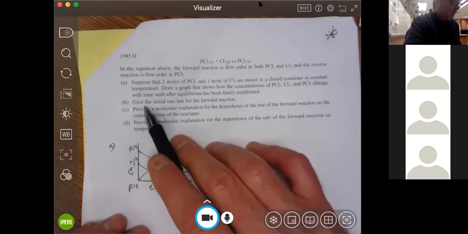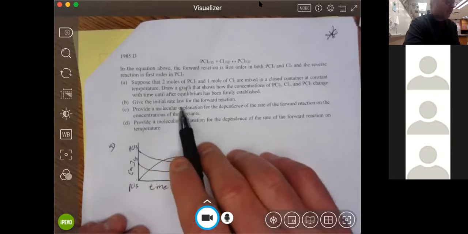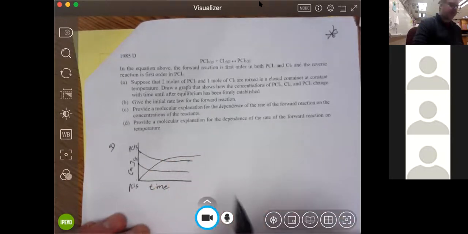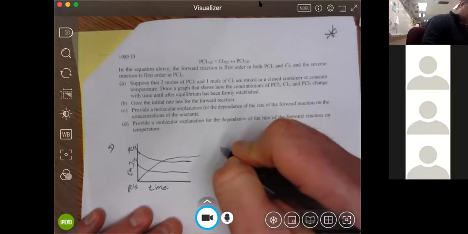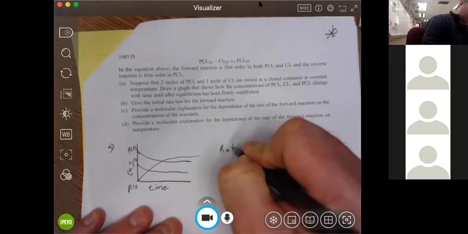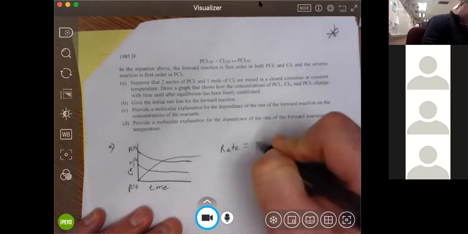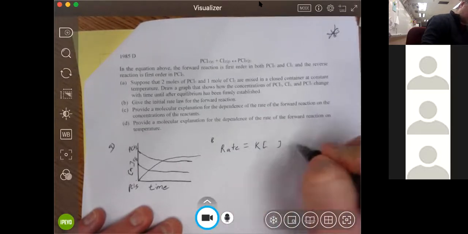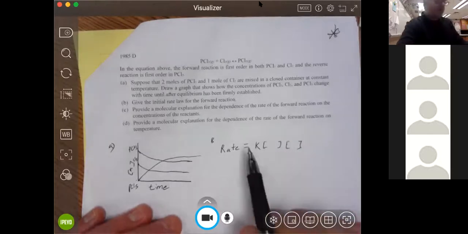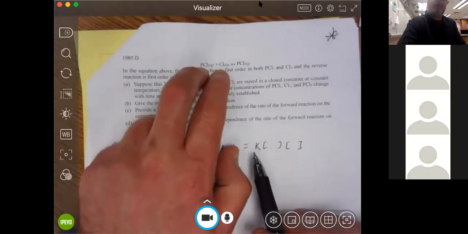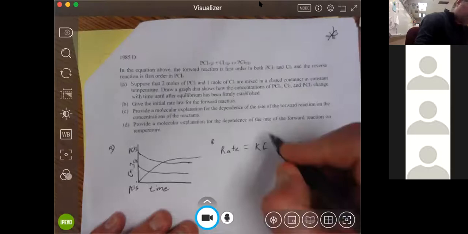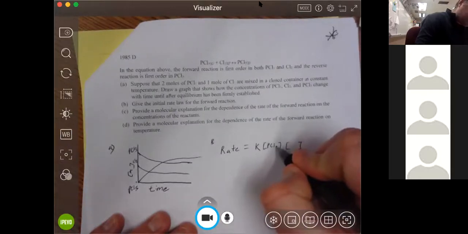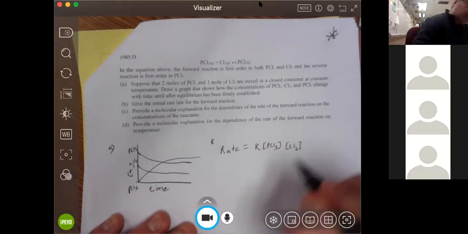It says give the initial rate law for the forward reaction. So rate equals k, and if you recall, we always deal with our reactants here, PCl3 and Cl2.